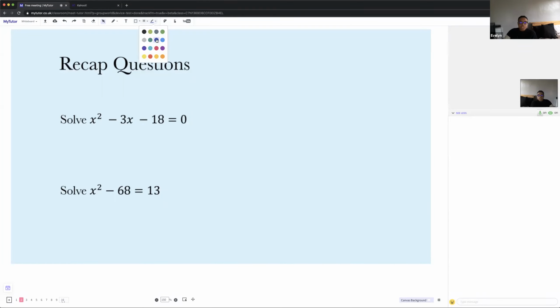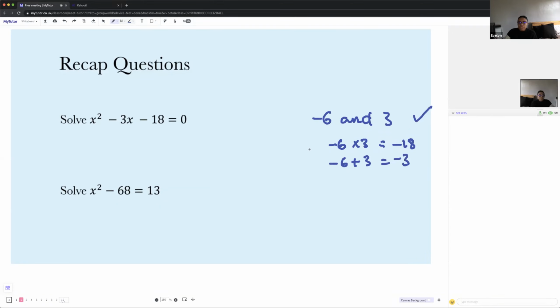So the two numbers that you should have gotten should have been -6 and 3. So if we check them, -6 times 3 gives us -18, and then -6 plus 3 gives us -3. So these are the numbers that we need. Two numbers that multiply to make -18 and add to make -3.